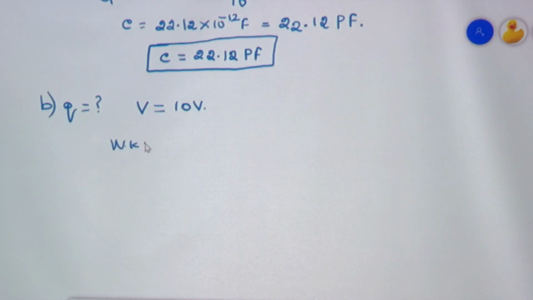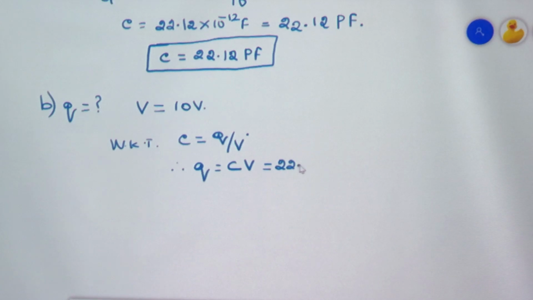In general, the capacitance of the capacitor is given by the formula C is equal to Q by V. Therefore, Q equals C into V. As we have calculated the value of C here, 22.12 picofarad can be written as 22.12 into 10 to the power of minus 12, multiplied with the potential V. What is the potential?